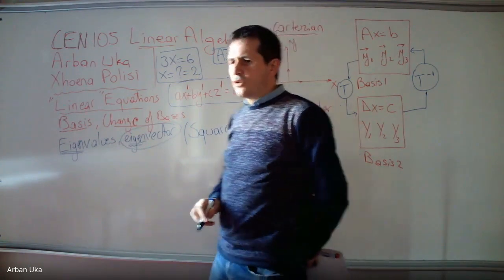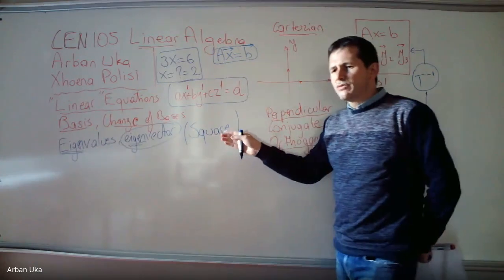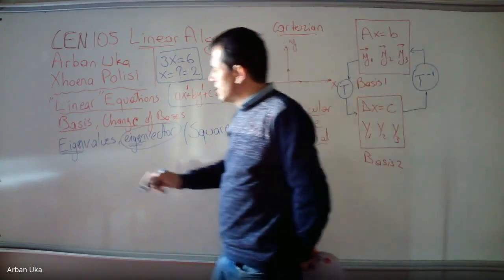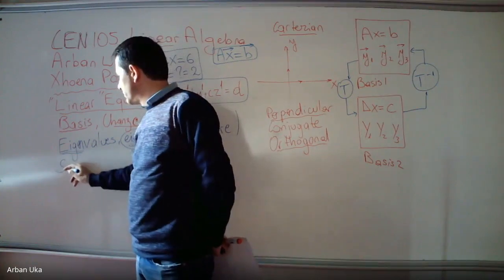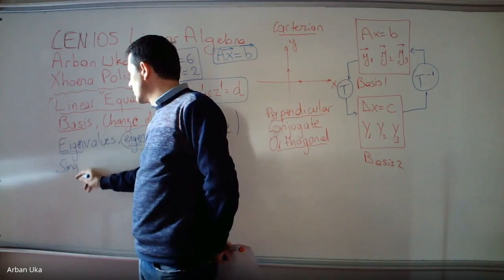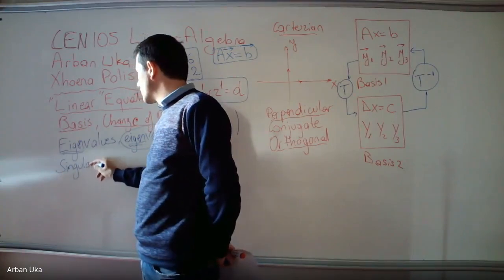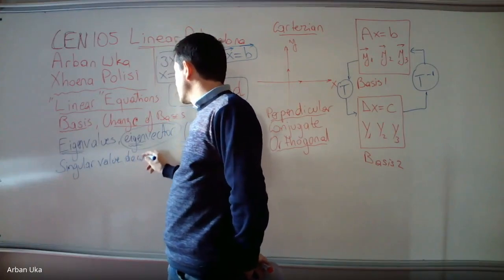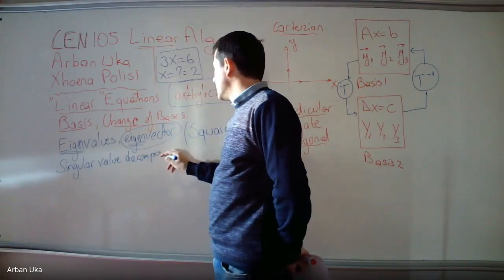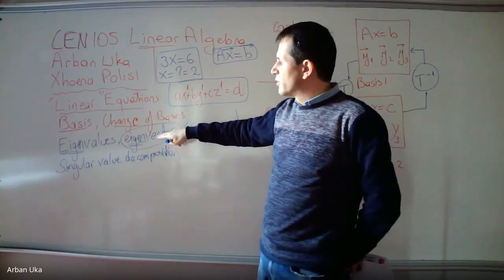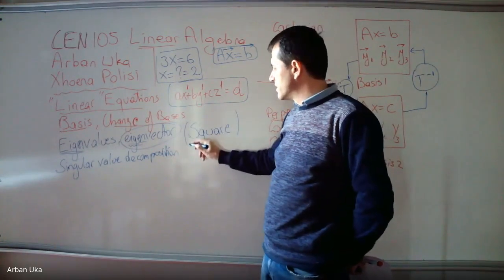In order to generalize this change of basis, we have developed a new approach, which is singular value decomposition. The singular value decomposition does something similar to what eigenvalues and eigenvectors did.